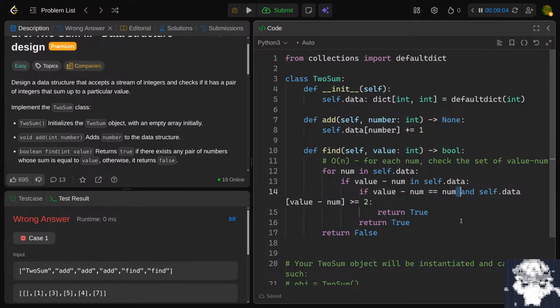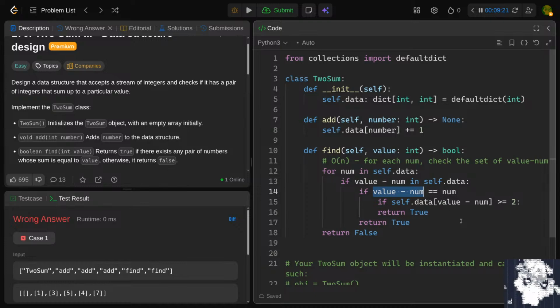If value minus num equals num, then it only counts if you have 2 in there.